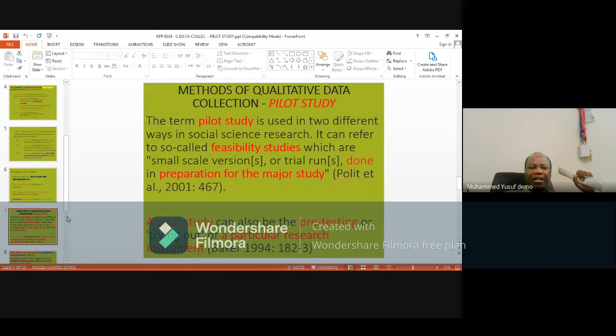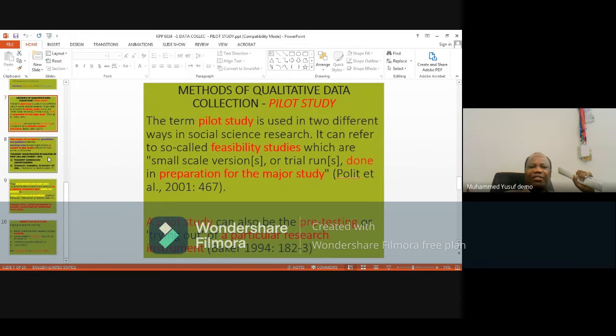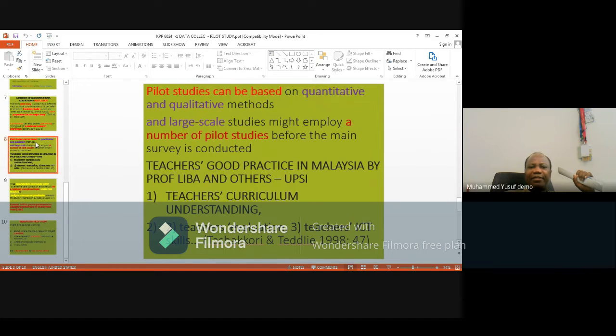So the pilot study can take different shapes, a different way. Sometimes in the pilot study, you may have some terminology, they say face validity. Okay?